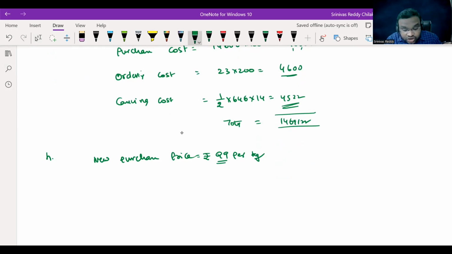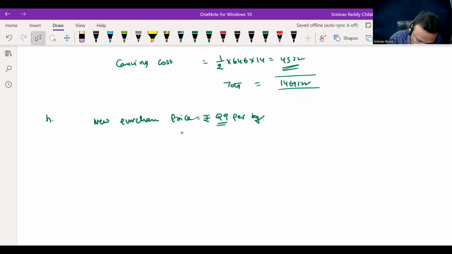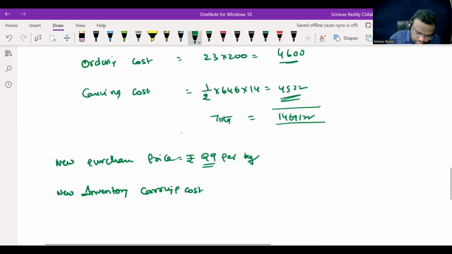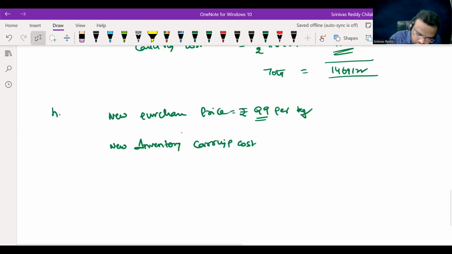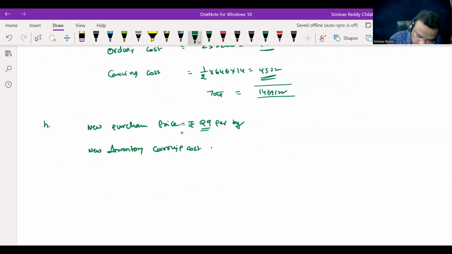If the purchase price changes, my carrying cost will also change. New inventory carrying cost, 99 into 1% into 12 months plus 2 rupees.